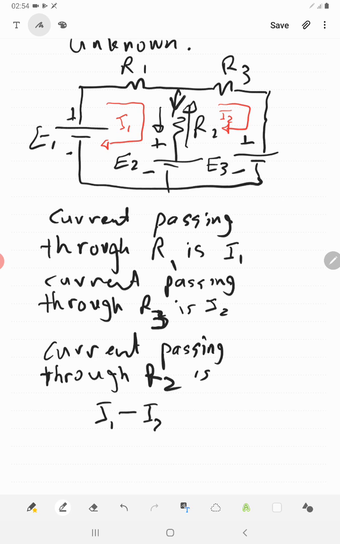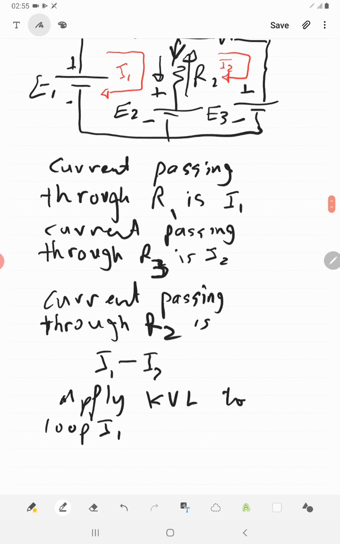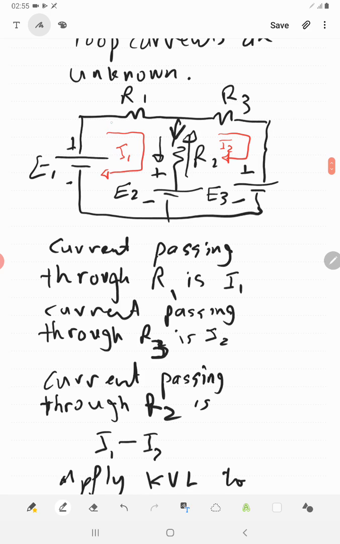Okay? So if we apply KVL to loop I1, E1 is in the same direction, so plus E1. E2 is in the opposite direction, so minus E2. Now, this is plus, this is minus, and this is VR1.